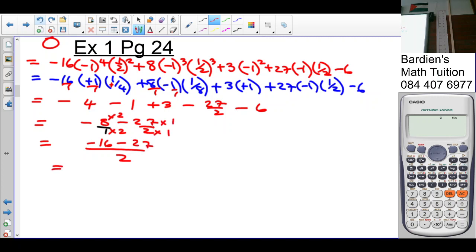Are we going to add or subtract my numbers here? Add them, both are negative, so the answer is negative. 16 plus 27 is going to give you 43. So it's negative 43 over 2 or negative 21 and a half. Or negative 21.5, all of that is acceptable. Acceptable solution. Okay. Yes.